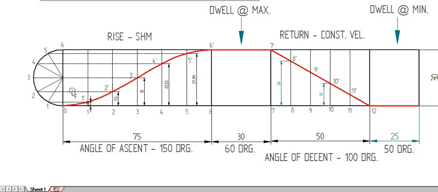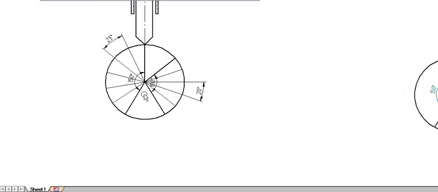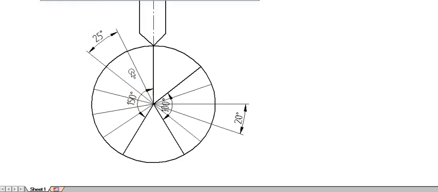So I have to divide the SHM 150 degree into 6, that means each section will be 25, and constant velocity, 100 degree divided by 5 will be 20. So I am dividing the 150 degree into 6 sections so that each section is 25 degree. And constant velocity into 5 sections so that each section is 20 degree.